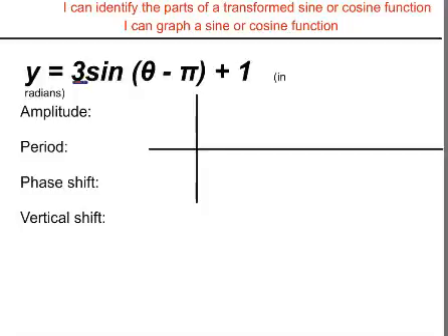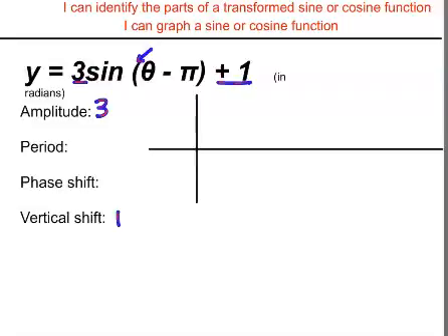This is our A, so that is our amplitude. This is our D, that's our vertical shift. So we're going to go up 1. The period, notice there is no new number in front of theta or x. So that means there's no change in the period.